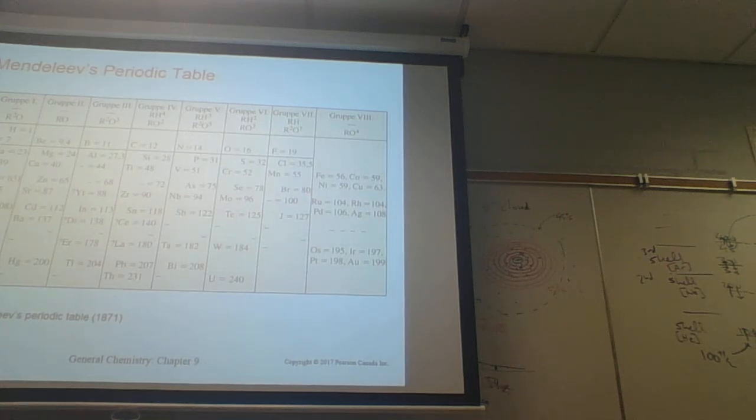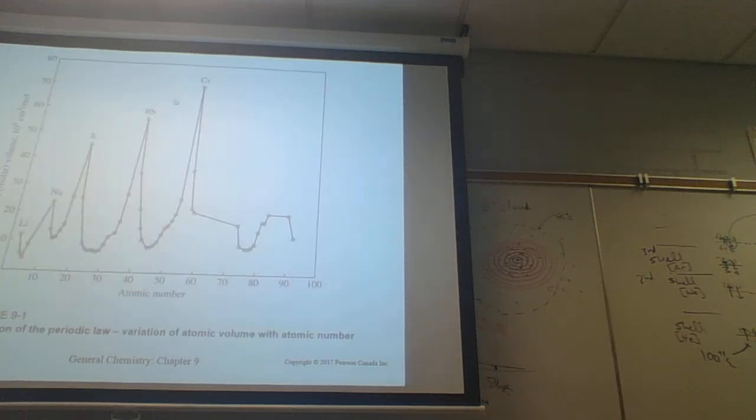No, quantum mechanics came around in the 1900s, right? And so how did Mendeleev develop the periodic table without quantum mechanics? Right, from properties. He developed the periodic table based on periodic properties.